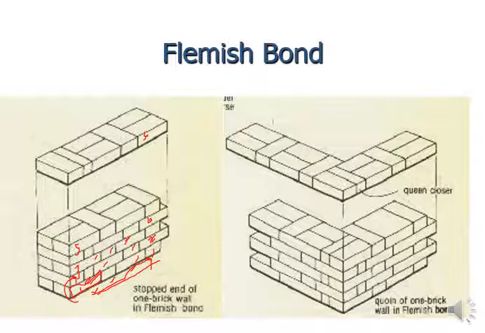I can show you because the exact drawing is in the next slide. This is stretcher, this is header, this is stretcher, this is header. So what you need to do, above the header you have to place stretcher.